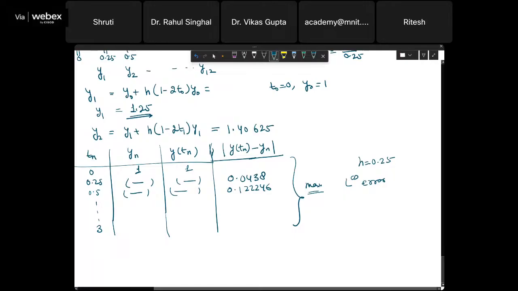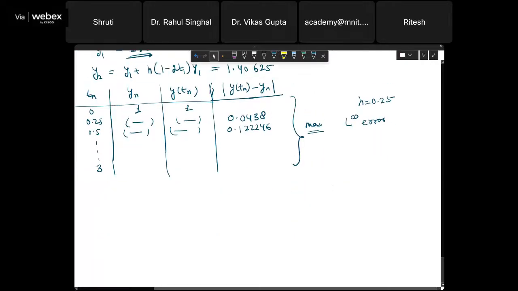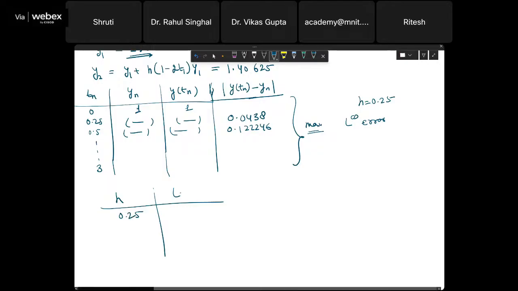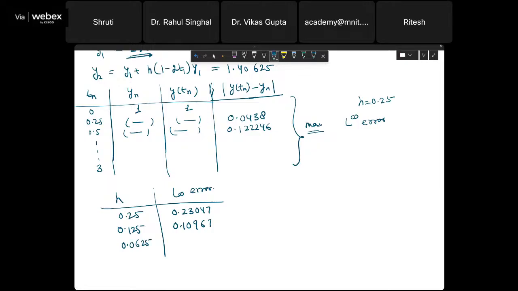And then if you compare all these L infinity errors corresponding to the different step sizes, what we see is the following. When we take a step size of 0.25, the L infinity error, or simply the maximum absolute error, comes out as 0.23047. When we take the 0.125 interval, we have 0.10967, then for 0.0625 the error comes out as 0.05405.